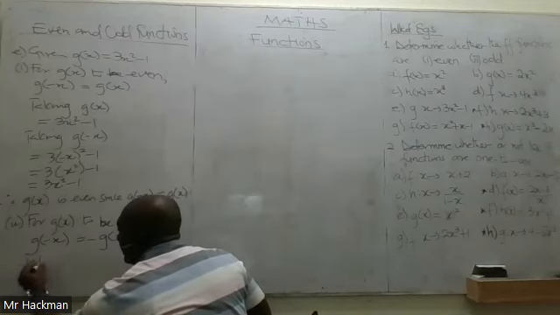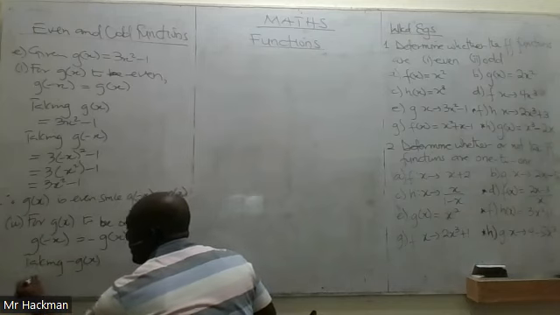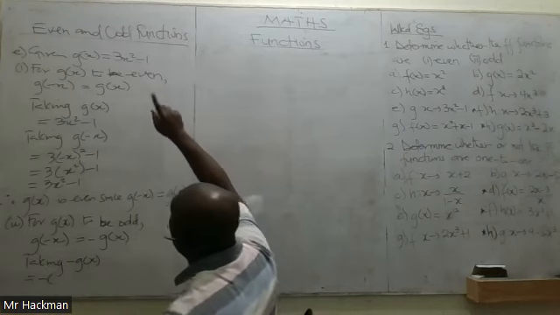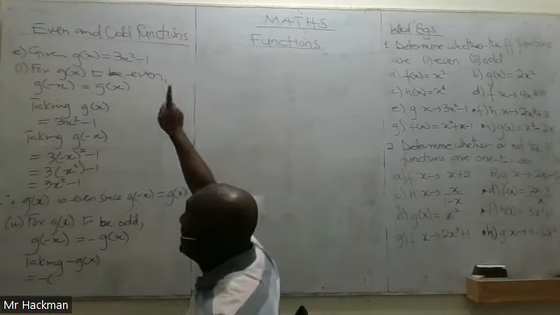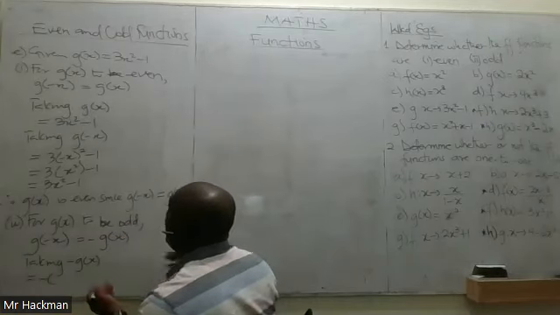So taking minus g of x, this would be equal to minus my g of x. I put my g of x in brackets because it's a 2-term function, more than a term. I've even told you, even if it's a term, put it in brackets for safety reasons.